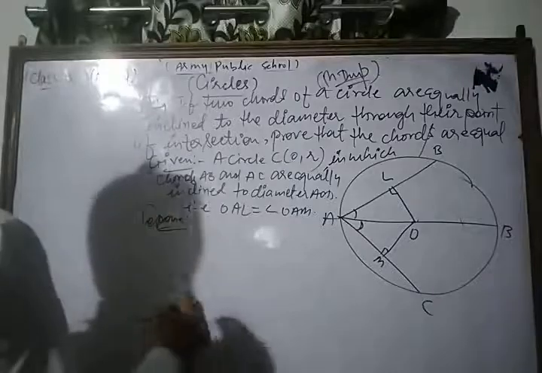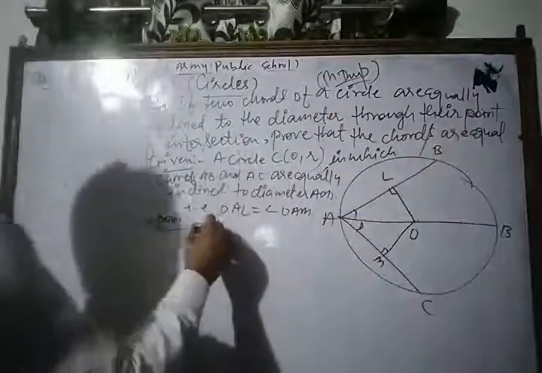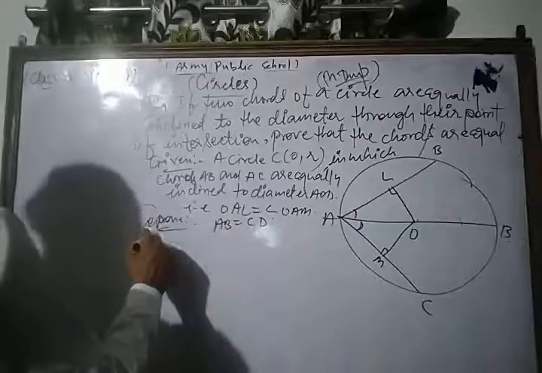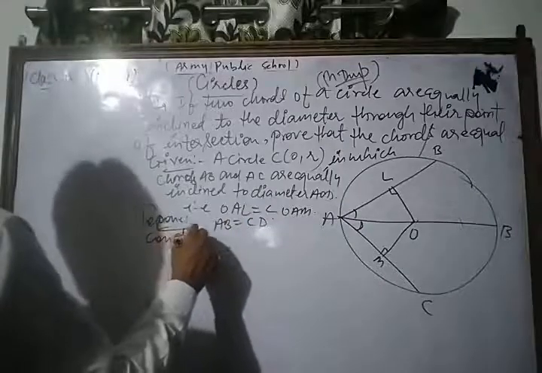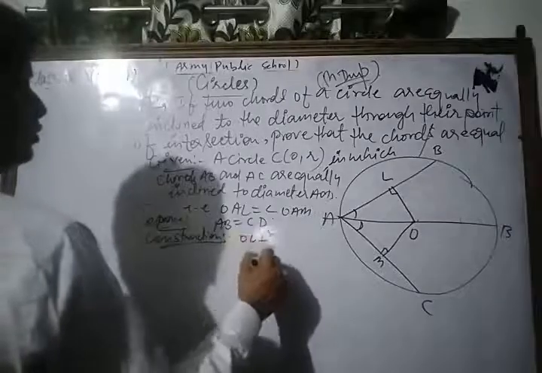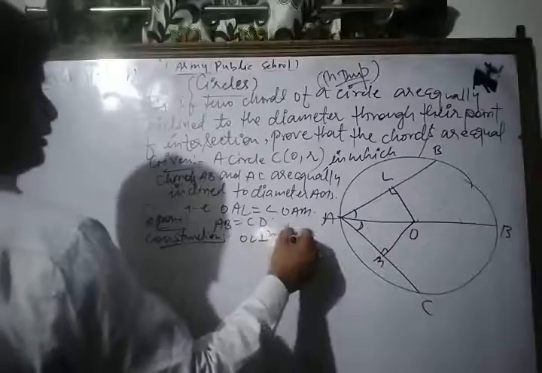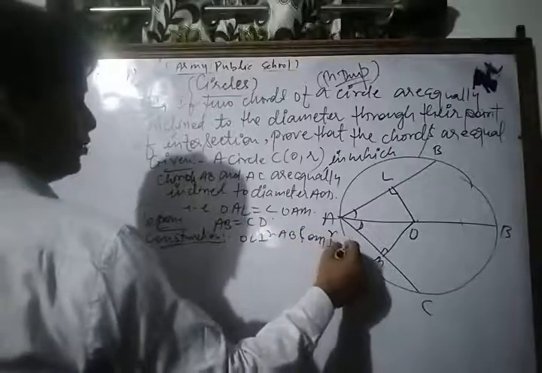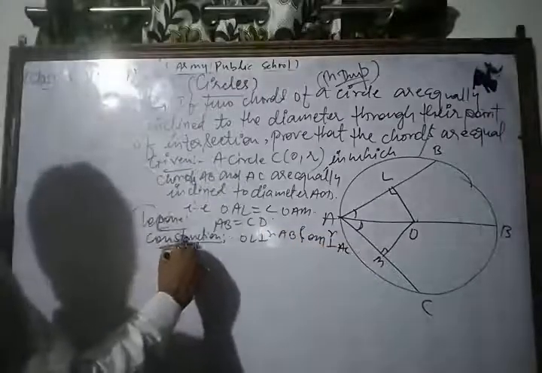We have to show that the chords are equal, meaning chord AB is equal to chord AC. In construction, we draw OL perpendicular to AB and OM perpendicular to AC. Now we write the proof.